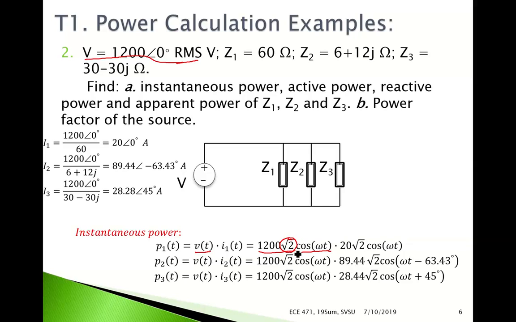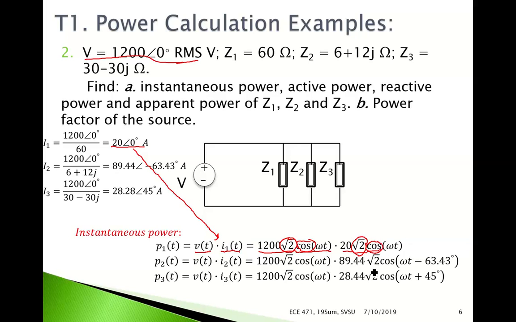The current time function comes from the current phasor, 20 with 0 degree angle, which you convert to 20 times square root of 2 cosine omega t. Keep cosine or sine the same as the voltage, keep them consistent.